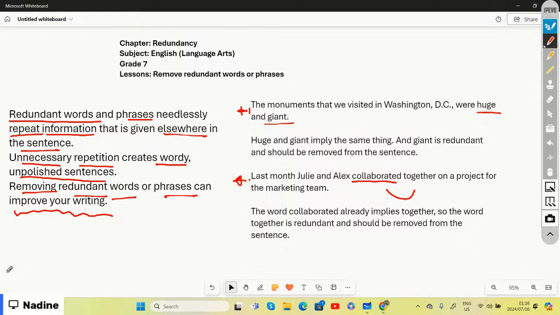In order for us to remove redundant words or phrases, that can surely improve our writing. And we made two examples actually, where the one says the monuments that we visited in DC were huge and giant. Giant is an exaggerated word.